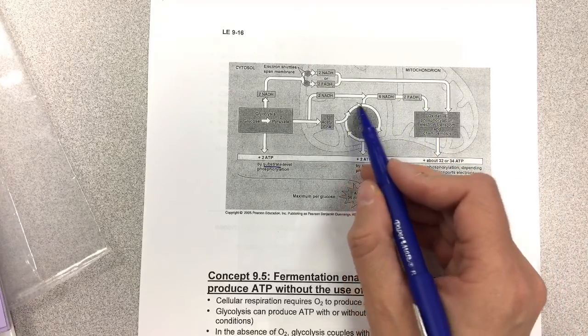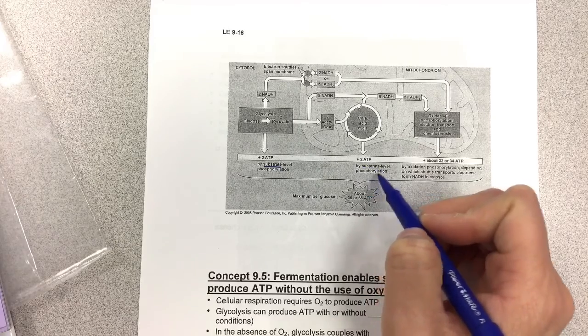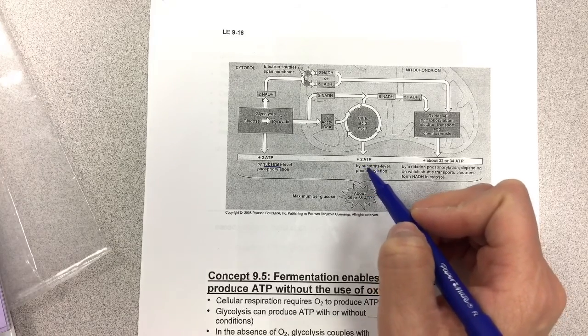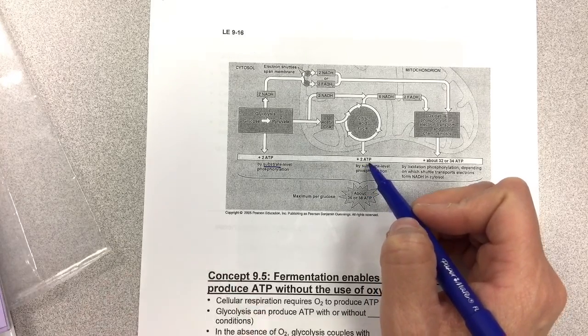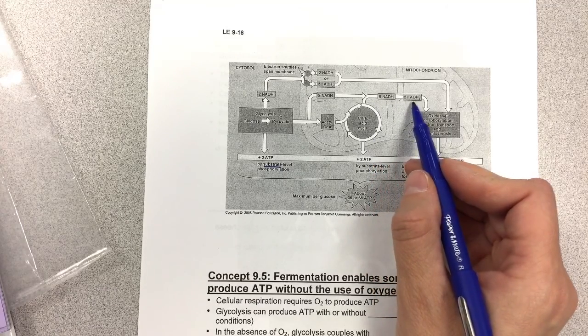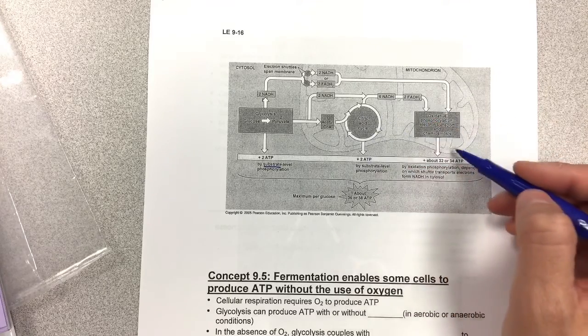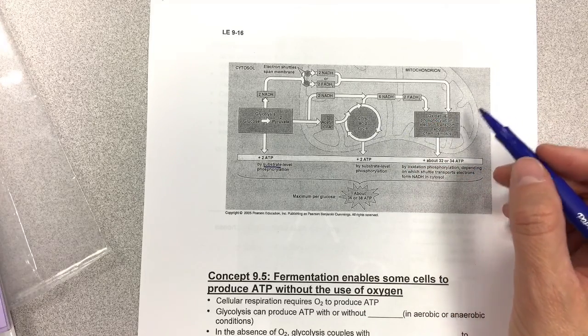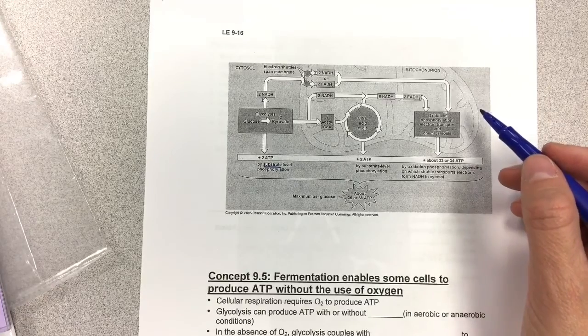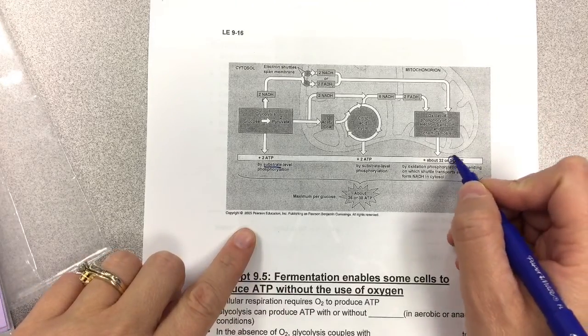Citric acid cycle, the two acetyl-CoAs enter. You get some ATP too by substrate level phosphorylation, meaning the phosphates come off of a molecule to make ATP. And you get 6 NADHs and 2 FADH2s that go to oxidative phosphorylation. And all these electron carriers are used to generate, as we just talked about, 34 ATP.